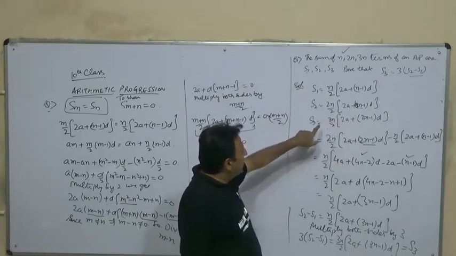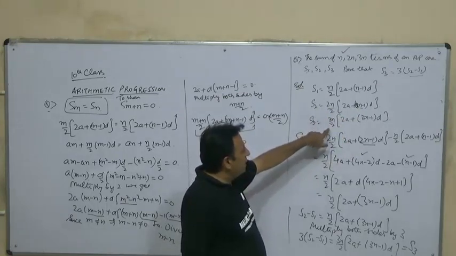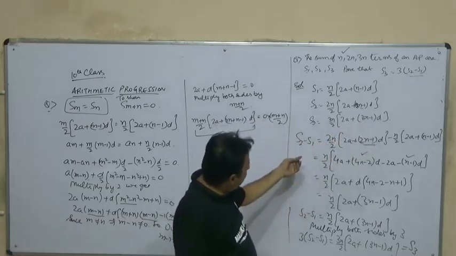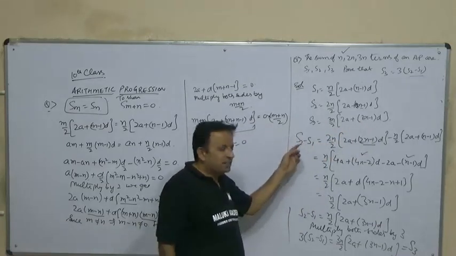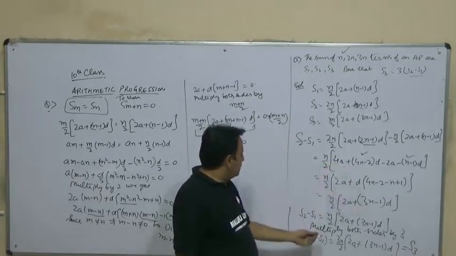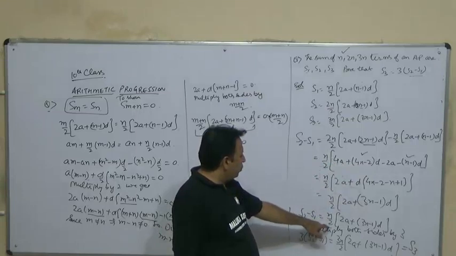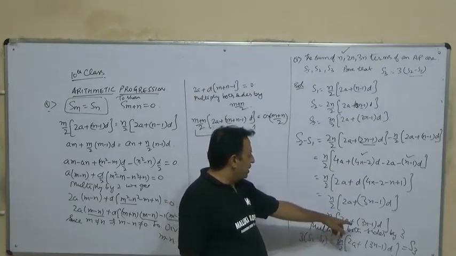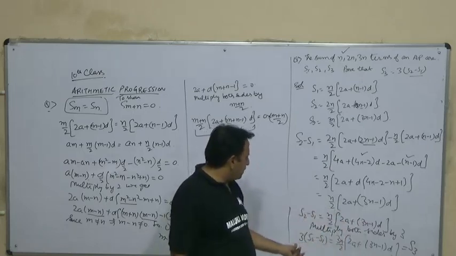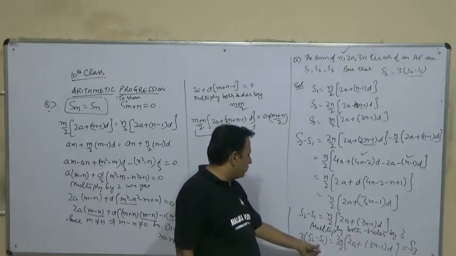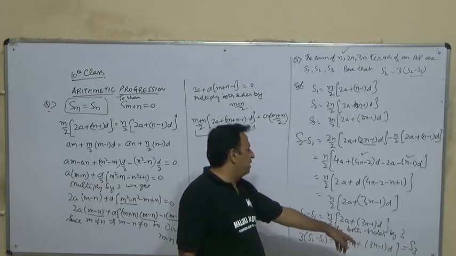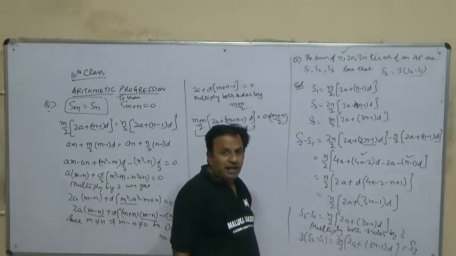And S3, the sum of 3n terms, this is 3n by 2, and here it is 3n minus 1. Then we calculated S2 minus S1, found their difference. We get S2 minus S1 equals n by 2, (2a plus (3n minus 1) into d). Multiply both sides by 3, you will get 3 into (S2 minus S1) equals 3n by 2, (2a plus (3n minus 1) into d), which is equal to S3.